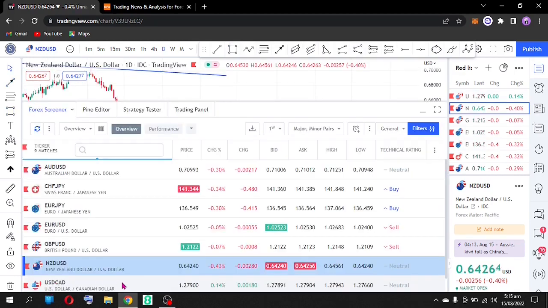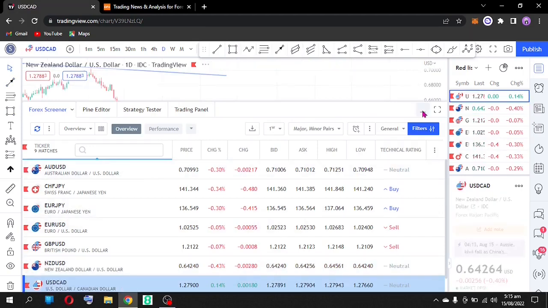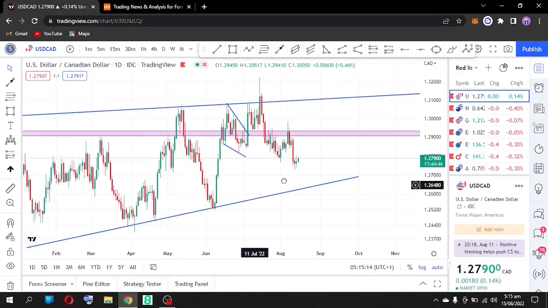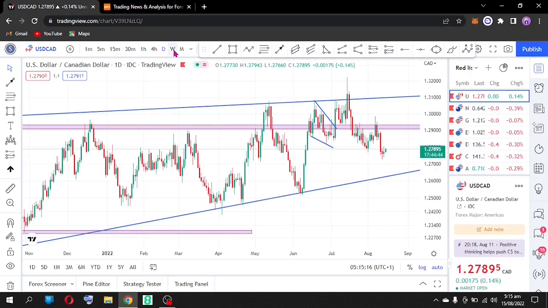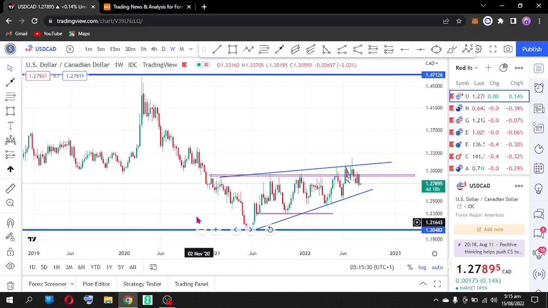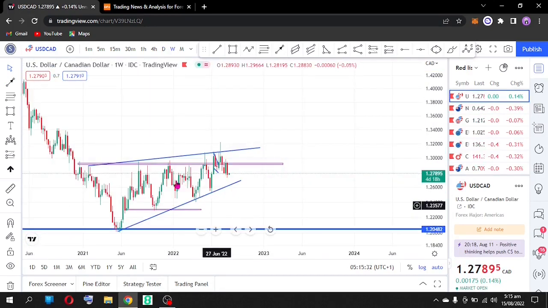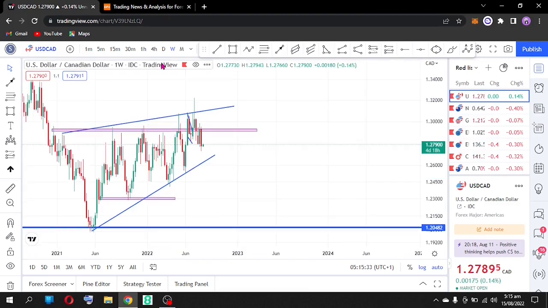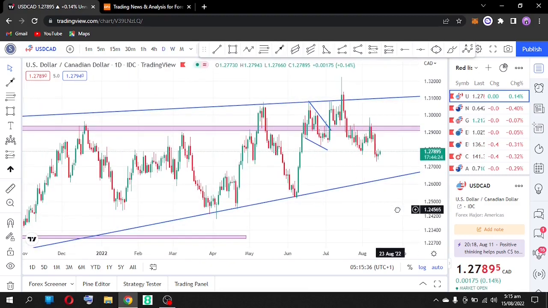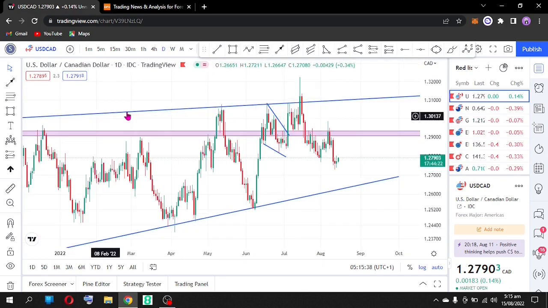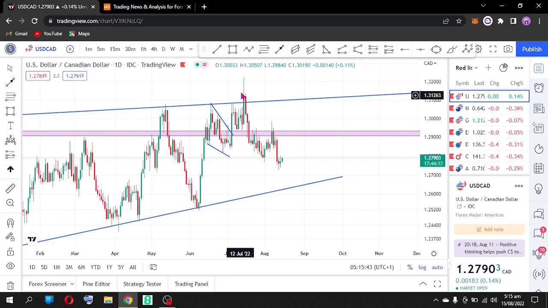Now on the next currency pair, which is USDCAD. On the weekly time frame, we had this bearish trend and then this bullish channel. On the daily time frame, here is the bullish resistance, the bullish support, and then price pushed downwards, and it has given us this doji candlestick pattern, and then it's trying to head up.